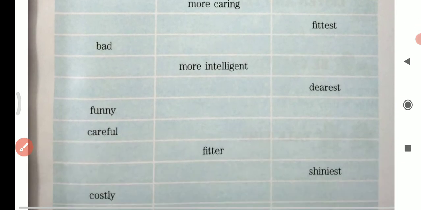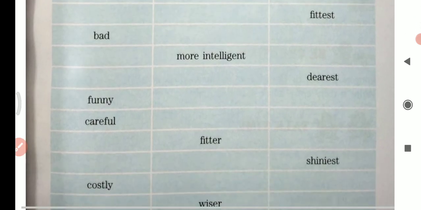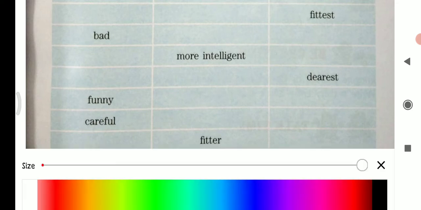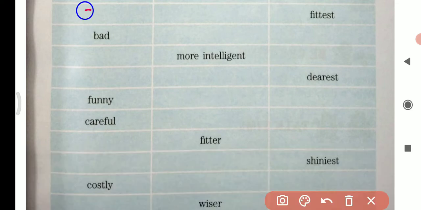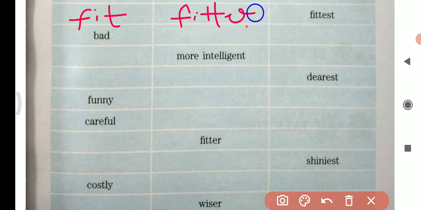Next, fittest is given as a superlative degree. So the positive degree will be fit, fitter and fittest. Next we have bad.